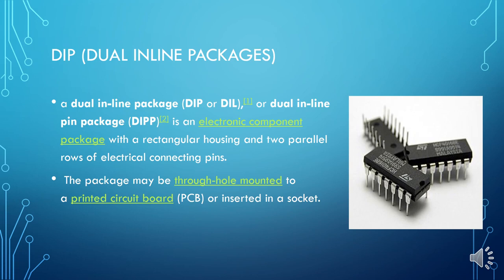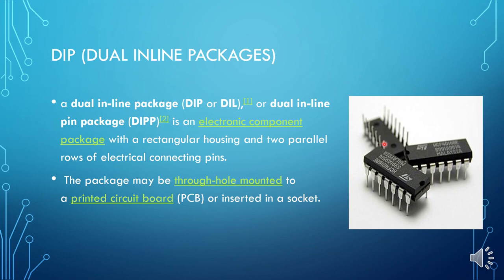Second one is DIP, that is a dual inline package. It is an electronic component package with a rectangular housing and two parallel rows of electrical connecting pins. You can see this is DIP, and it has two lines of pins.